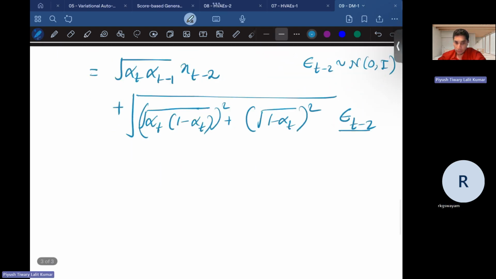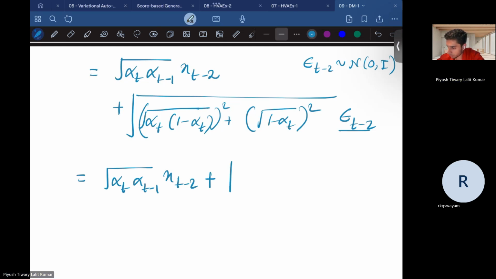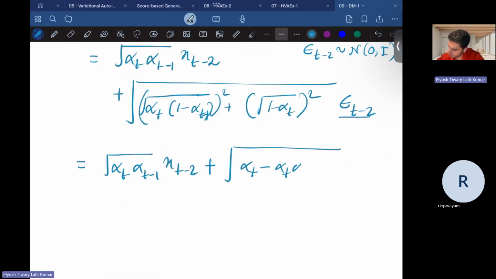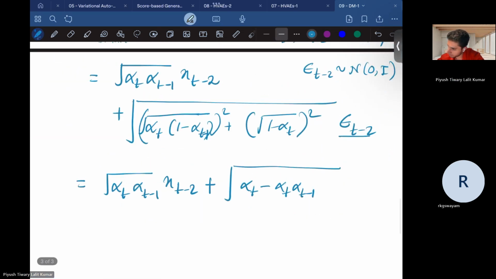Okay. So what have we derived? So this is alpha t minus 1 x t minus 2 plus square root of this is what? Well, I think I missed something. So this is alpha t minus 1, alpha t minus 1 plus 1 minus alpha t, right?